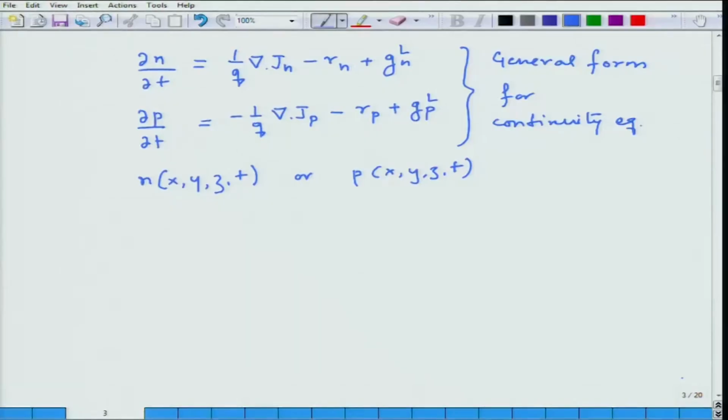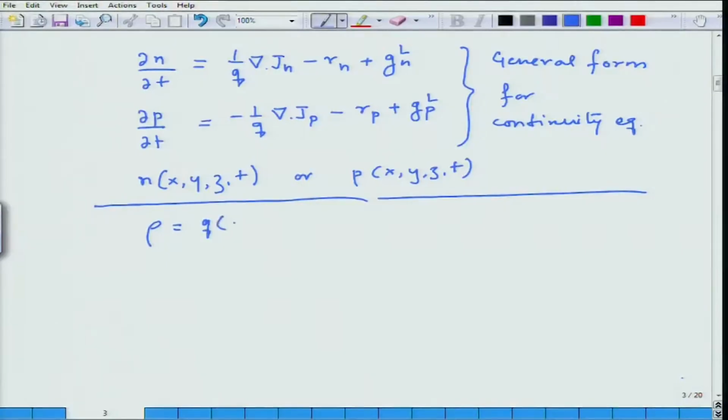If we summarize all the equations that we need to solve, then in addition to these equations, the charge density at any point in a semiconductor will be given by the number of holes minus the number of electrons plus the number of donors ionized positively minus the number of acceptors ionized negatively. This would be given by charge density.